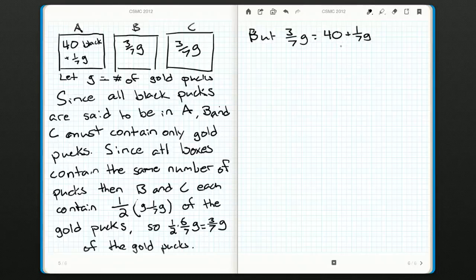So we have 3/7 G, the number of pucks in B, is equal to the number of pucks in A, which is 40 black pucks plus 1/7 of the gold pucks. Well, we can rearrange that. 2/7 G, so we bring over the 1/7, subtract it off from the 3/7. So that's equal to 40.